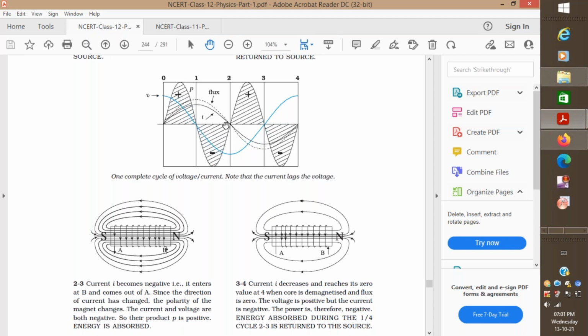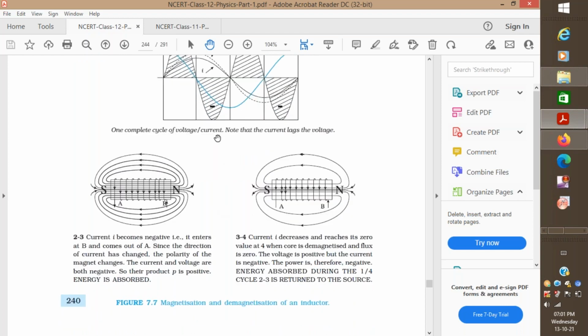It is just returning the power to the source. So positive means power is absorbed by the circuit from the source. Negative power means it is returning to the source.